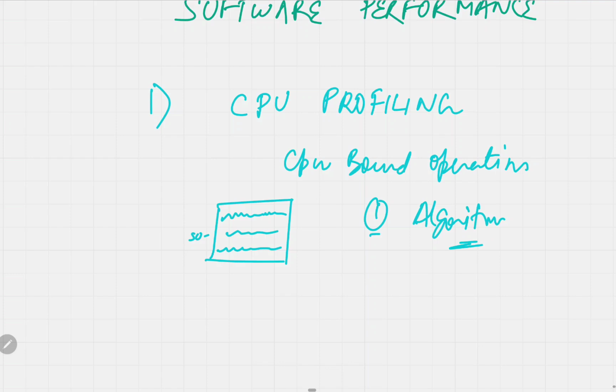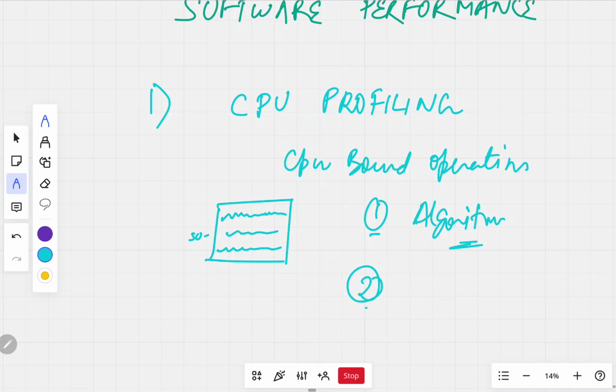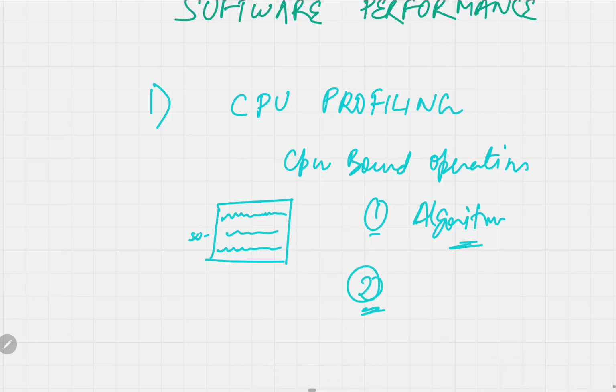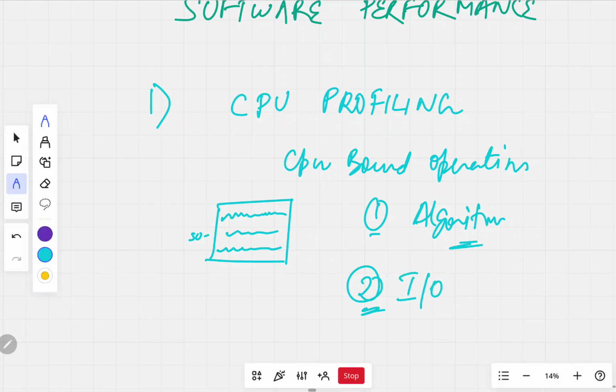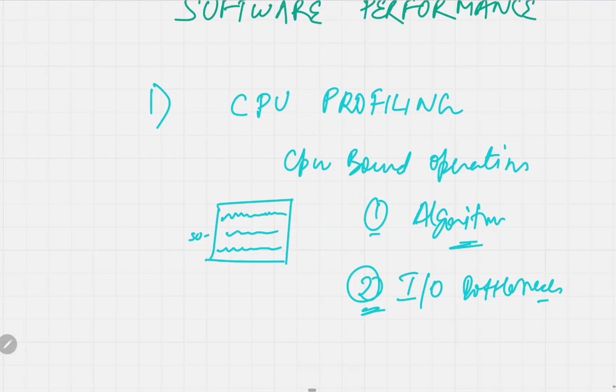And if the CPU is very low, that also can indicate an issue, that there may be some bottlenecks in the code, input output bottlenecks. Basically, the CPU is not able to do anything because it is not getting the work.